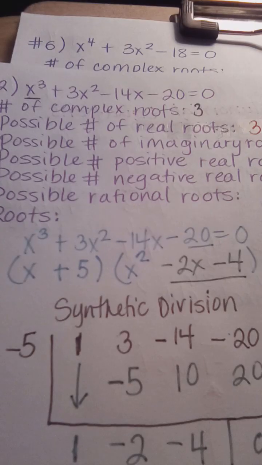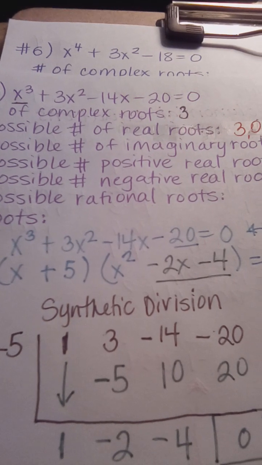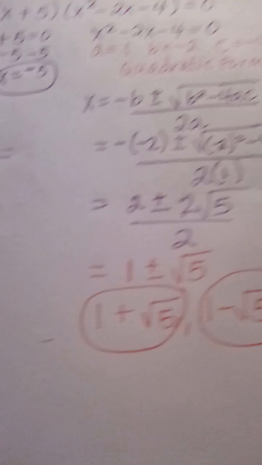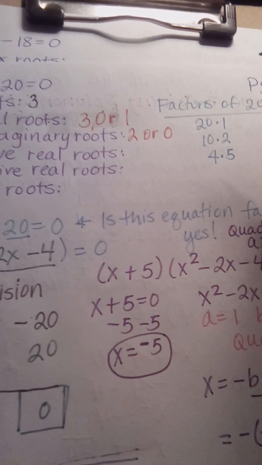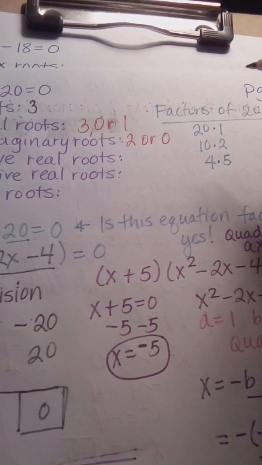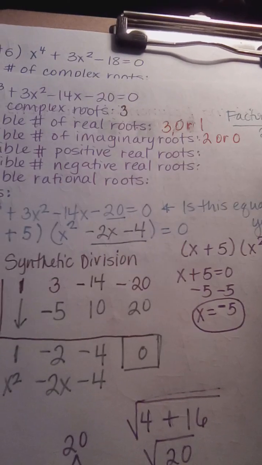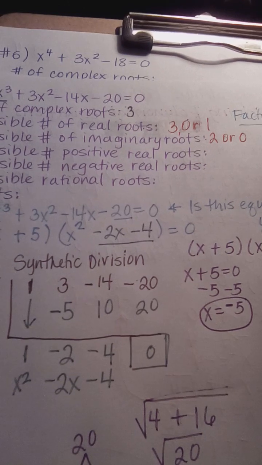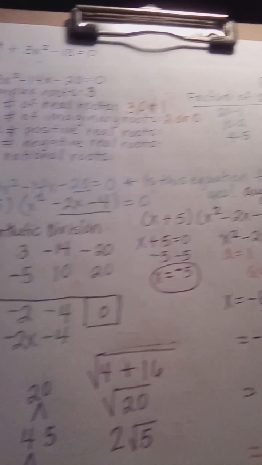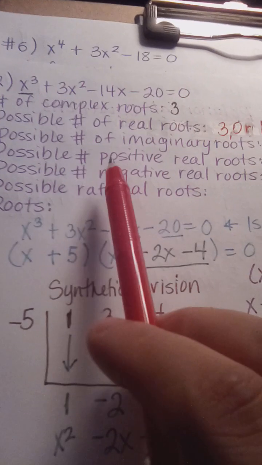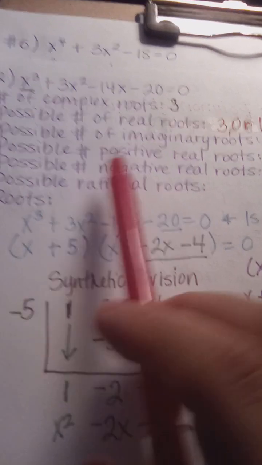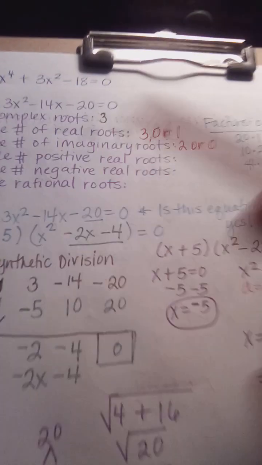Second, possible number of imaginary numbers. You see these roots here? That's our imaginary. That's 2 or 0. So far, so good, everyone? All right. Possible number of positive real roots.